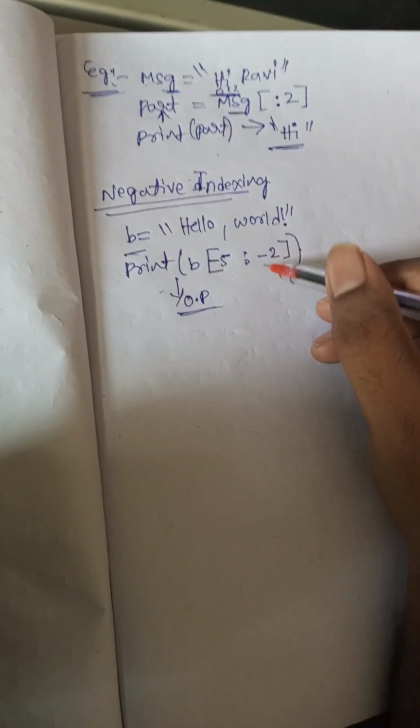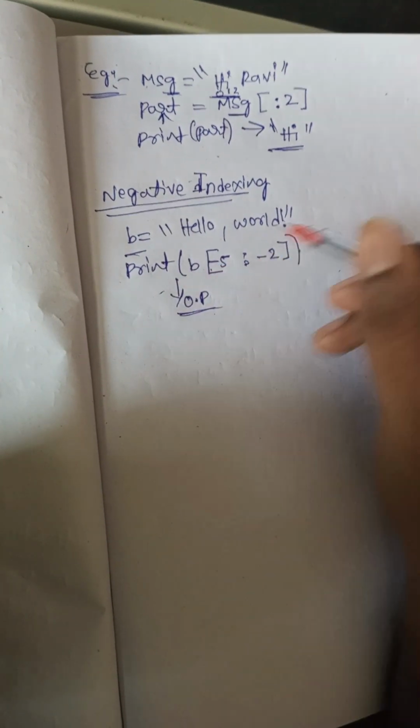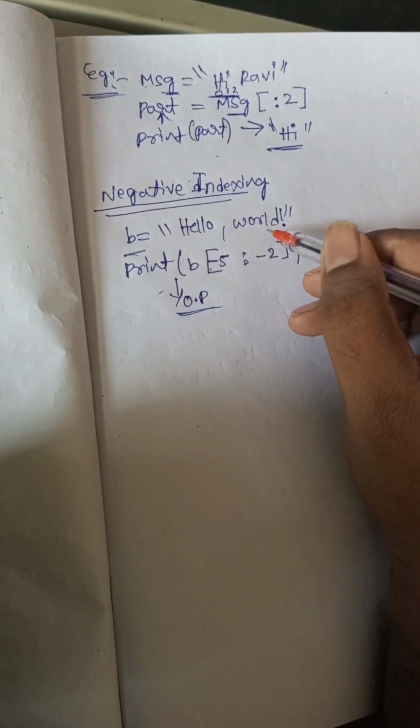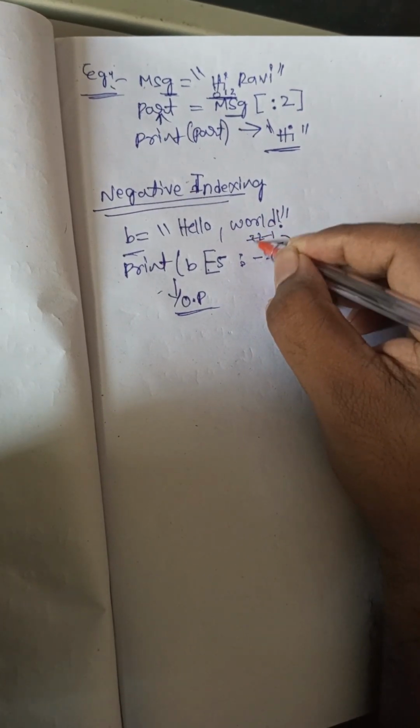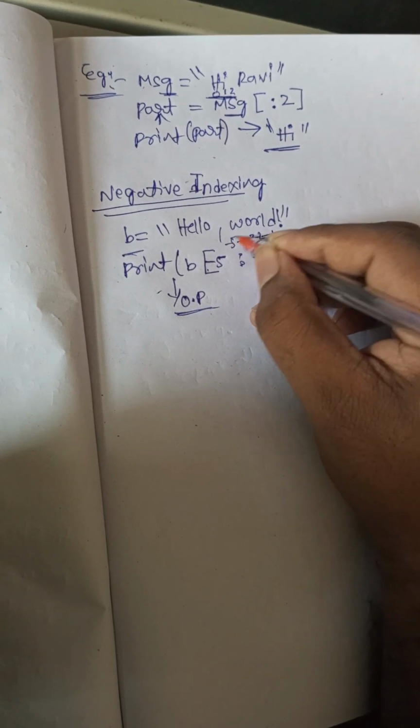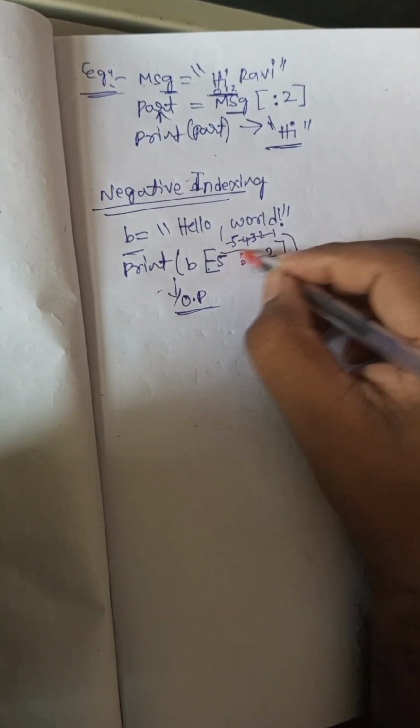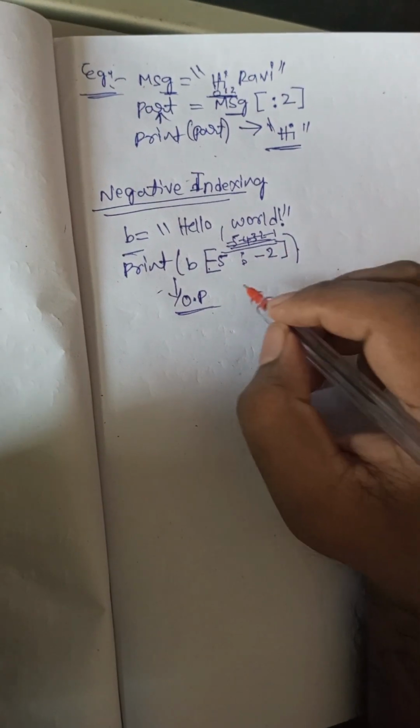See, when we use minus, we have to count in reverse order, like -1, -2, -3, -4, -5. In this way we have to take.